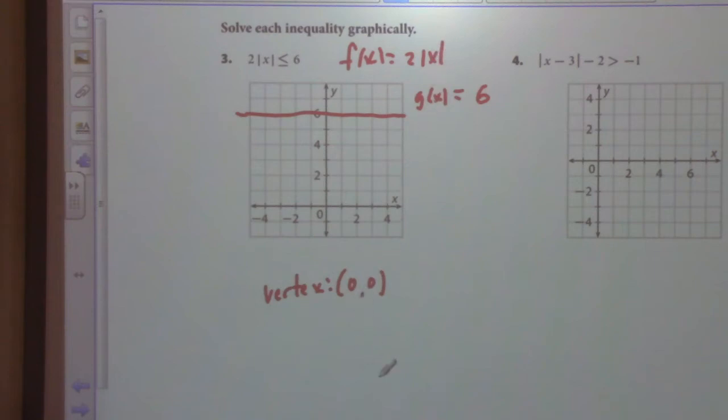So that's 0, 0 right there. And then what is our slope going to be? 2. Up 2 over 2. So just like this, and then like this, okay?